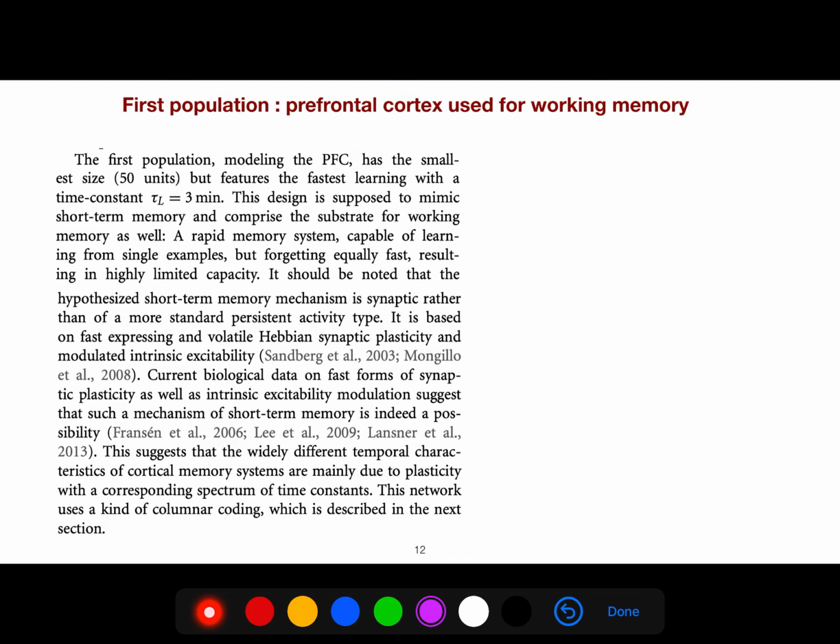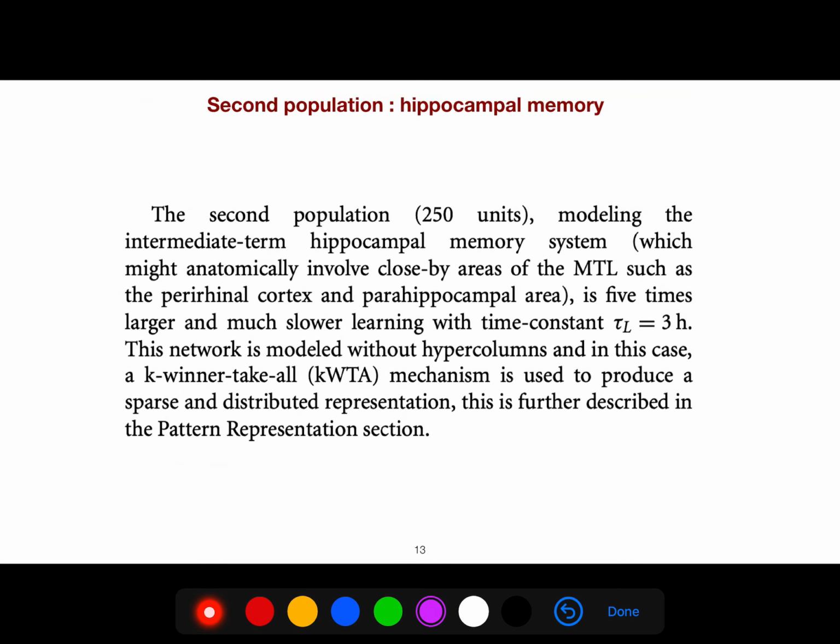So prefrontal cortex is used for working memory, and also hippocampal memory, the second population modeling the intermediate-term hippocampal memory system, might anatomically involve close by areas of MTL such as perirhinal cortex and parahippocampal area, which is 5 times larger and much slower learning with this time constant.